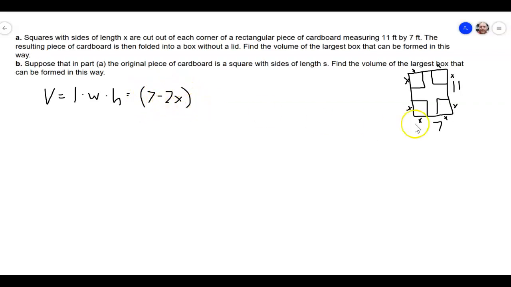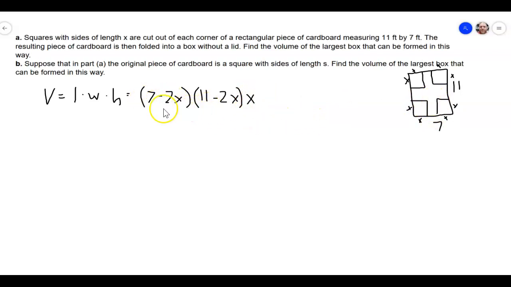And then this length here is going to be 11 minus x minus x, so that's 11 minus 2x. And then the height, when you fold this thing upwards, is just going to be that x length, because we're just folding it up at the crease right here.